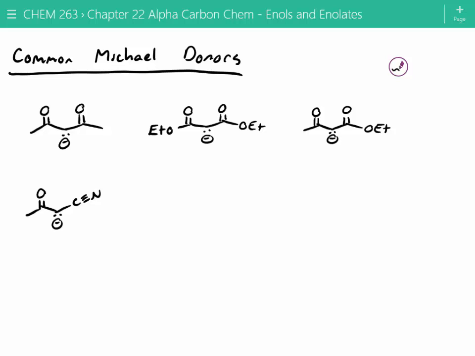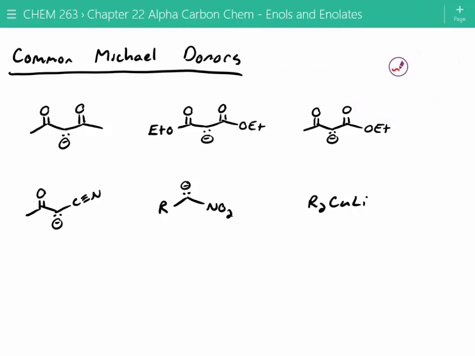The next one that's also along those same lines is we can actually do this with positions adjacent to a nitro group. And then the other example I said that will work are lithium dialkyl cuprates.